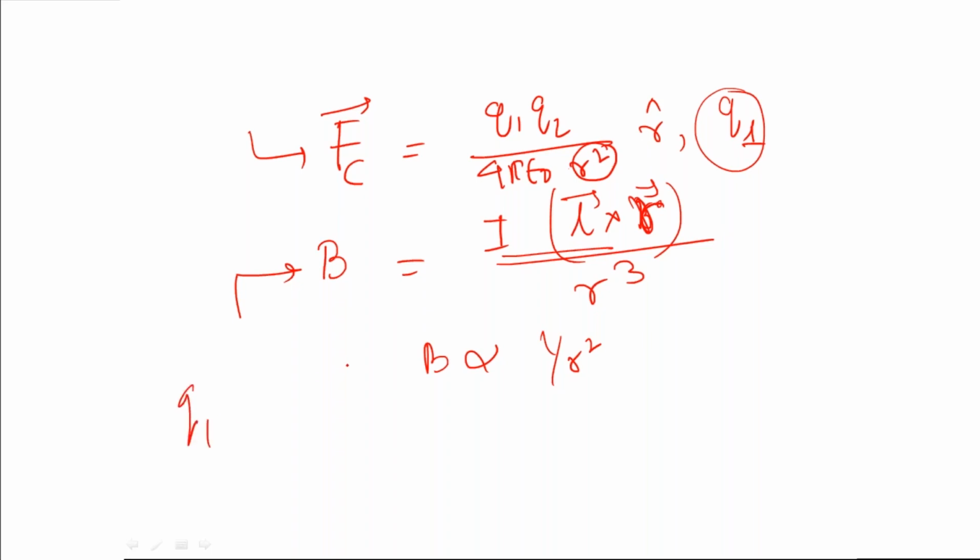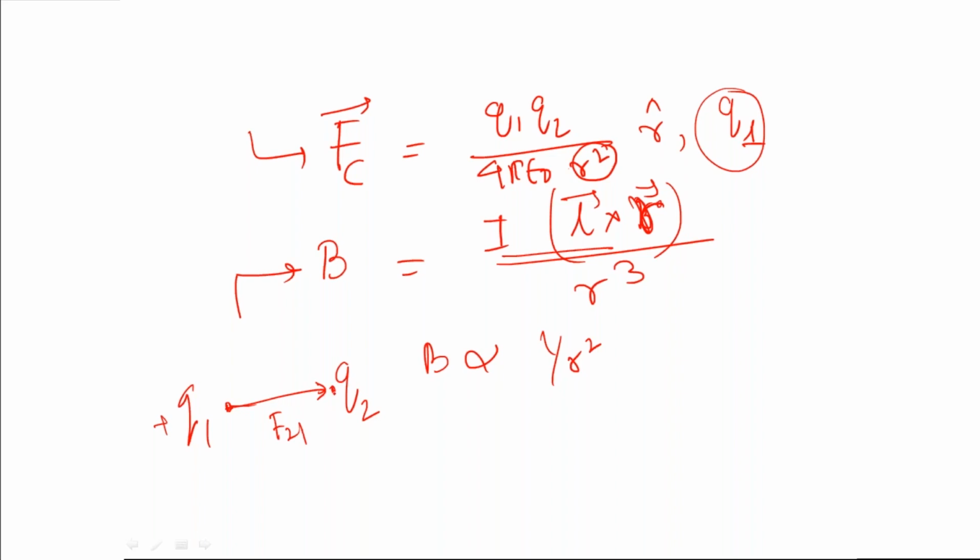Now look at the direction. If I have two charges, Q1 and Q2 here, and I write this as F21, both are positive, right? So the force on Q2 by Q1 will be a repulsive force, in this direction as I have shown.